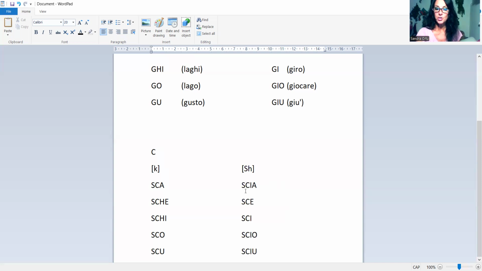So this is sha, she, shi, sho, and shu. So it's how we write the sound sh. This is just a sound, it's not phonetics. So the sound sh is basically an S before the combination of letters that makes the sound ch.